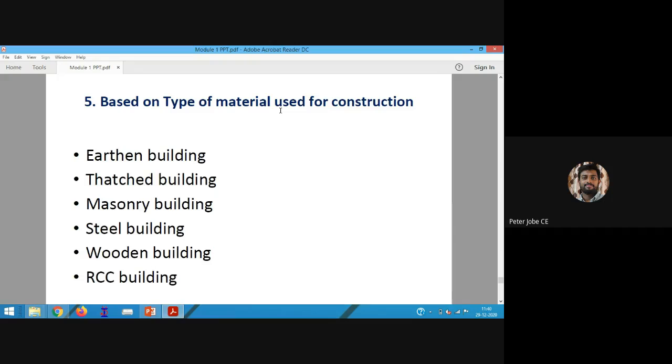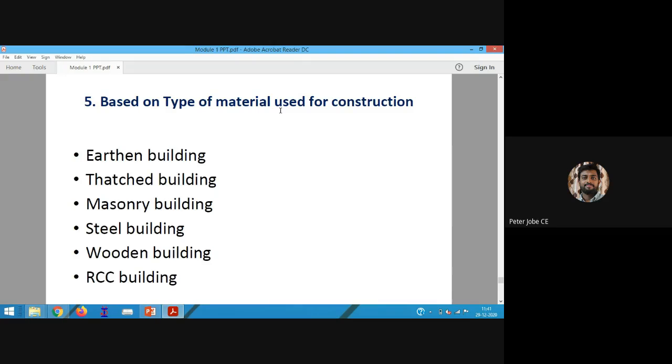And the last category is RCC building, which is a very common construction practice which we follow now. RCC means reinforced cement concrete, in which reinforced means we will be reinforcing the concrete using steel bars. That means we give additional strength to the concrete using steel bars, and basically we use cement as the binding material.